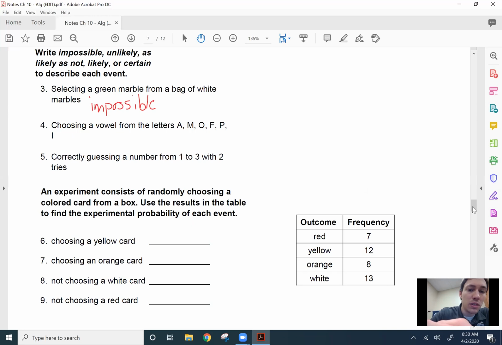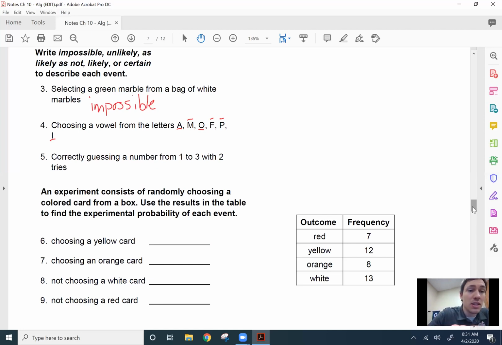Choosing a vowel from the letters A, M, O, F, P, and I. There's an I there. Don't forget about that one. Okay, a vowel. Well, let's look at our vowels. A, O, I are our vowels. And what are our consonants? M, F, P. So if I were to randomly select a letter, the probability of choosing a vowel is just as likely as choosing a consonant because there are 3 vowels and 3 consonants.